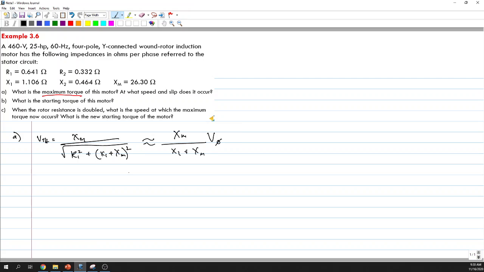Since our calculator is a bit intelligent nowadays, we can directly use this equation.